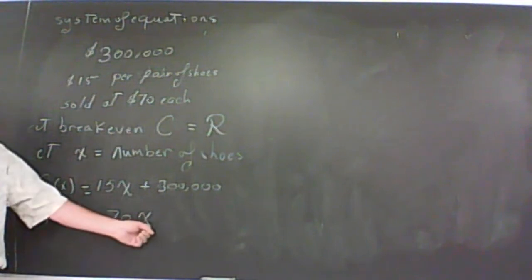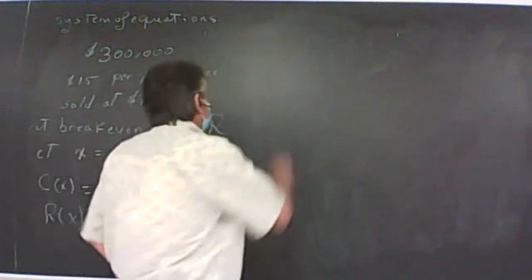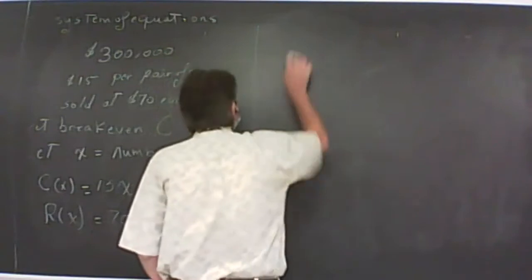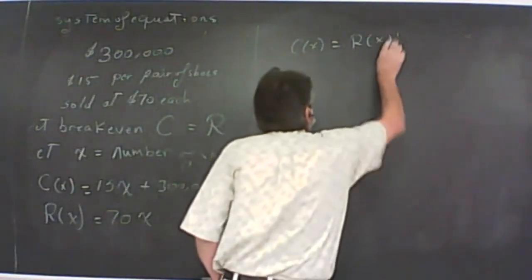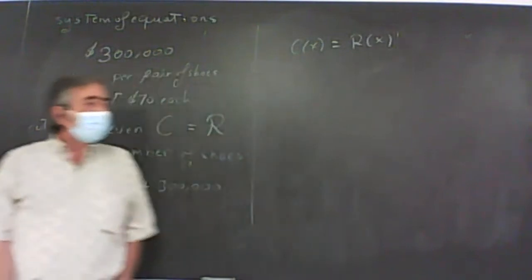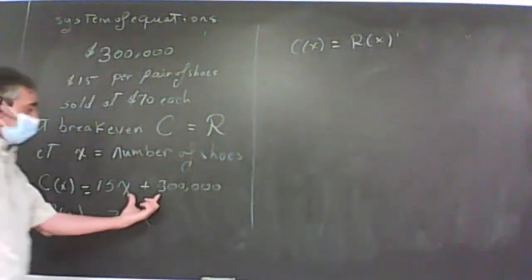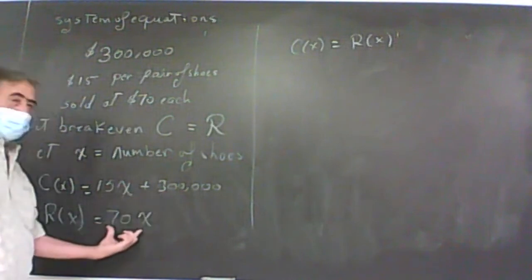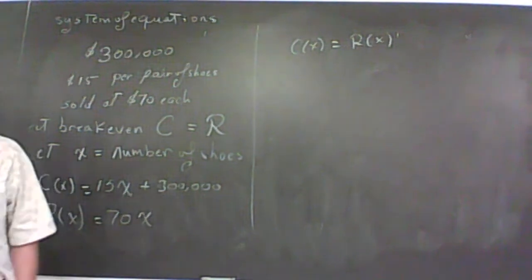So that's 70x. Clear? So now, break even means what? Break even means C of x equals R of x. That's my break even point. So now I can take this equation, set it equal to this equation, and solve it.